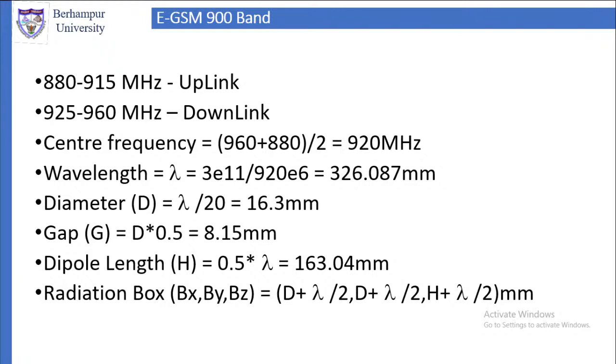Bx will be D plus lambda by 2, By will be D plus lambda by 2, and Bz, Z being the direction along which the antenna will be oriented, will be H plus lambda by 2. So whatever is the size of the antenna, the extension of the antenna, plus lambda by 2. So the radiation box size will be this much in terms of mm.